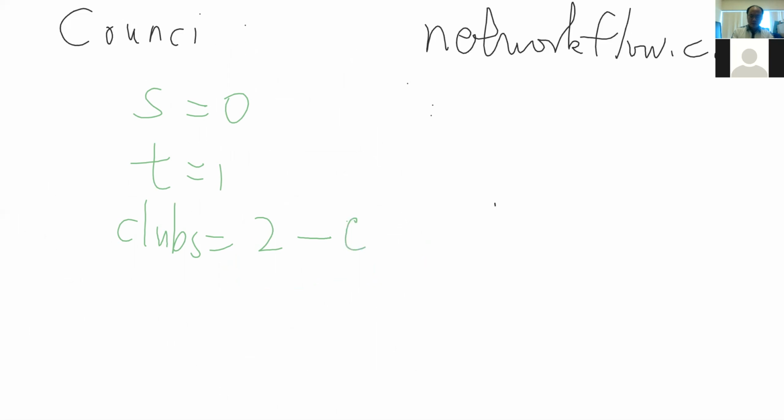So if you have 2 clubs, then it'll be 2 to 3.